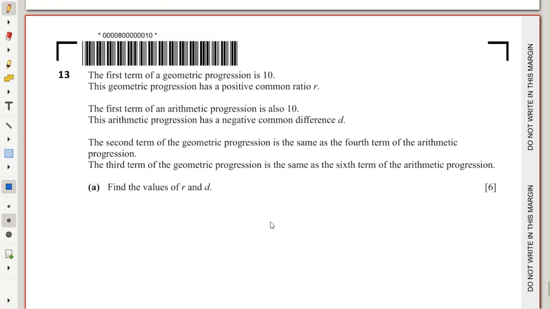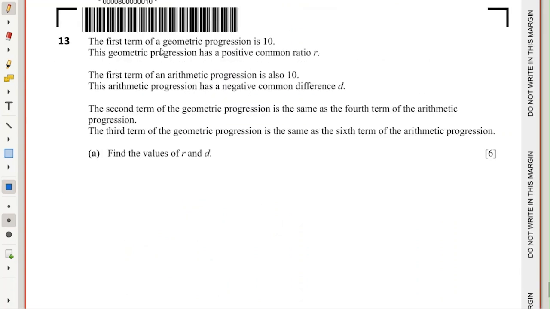Question 13. The first term in a GP is 10. GP and AP. The first term is 10. The GP has a positive common ratio, so the common ratio is positive.